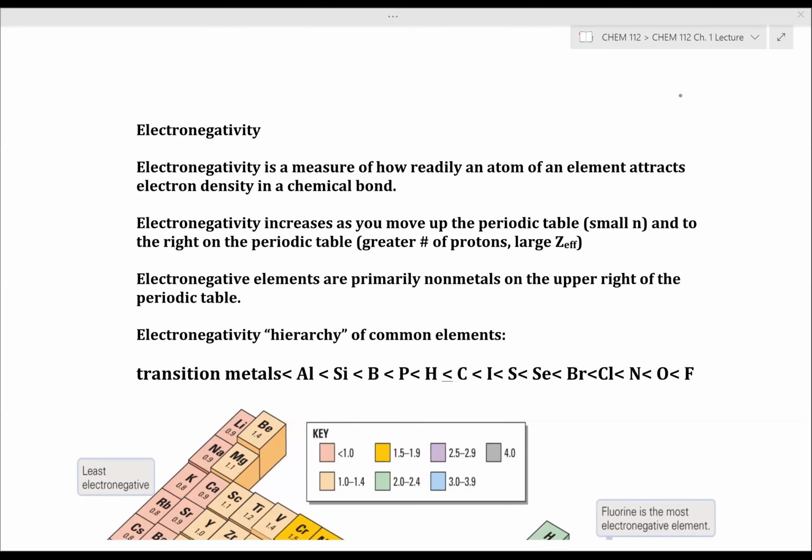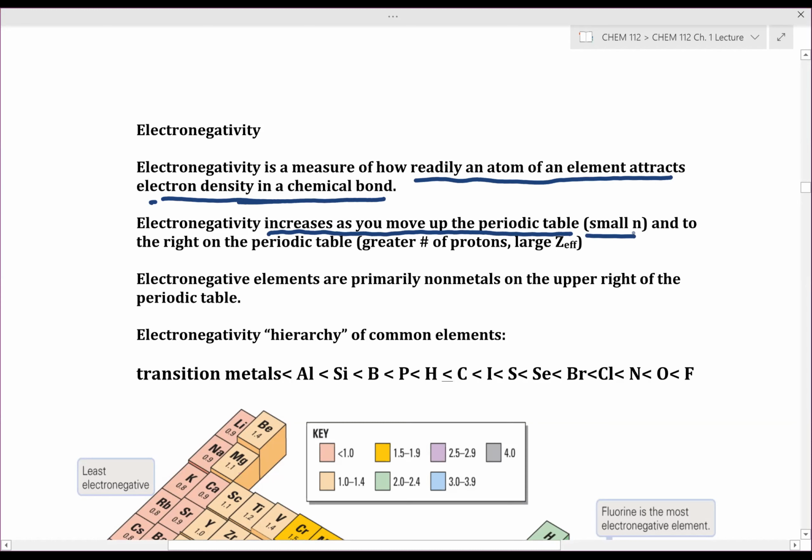So electronegativity is a measure of how readily an atom attracts electron density in a chemical bond. So an element that is more electronegative will pull more of the electron density found in a bond towards itself. Electronegativity increases as you move up the periodic table, a small n value.